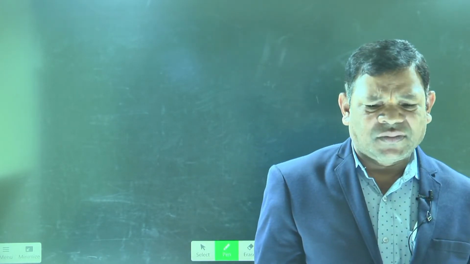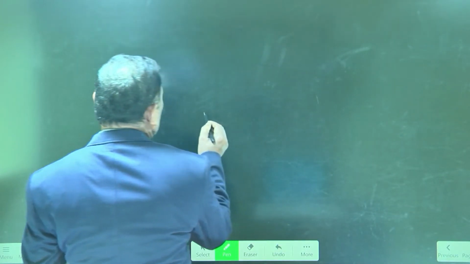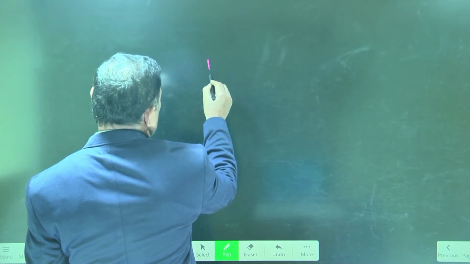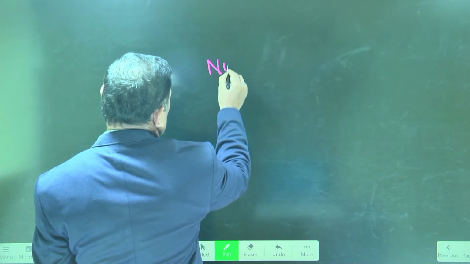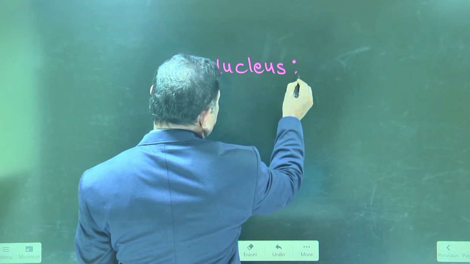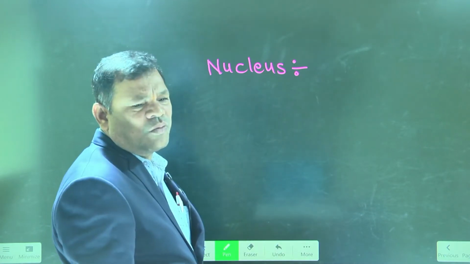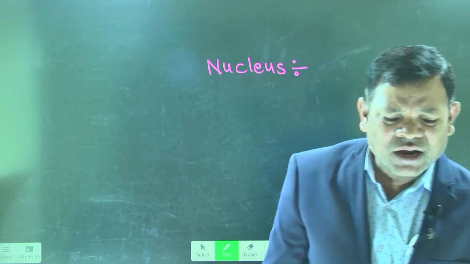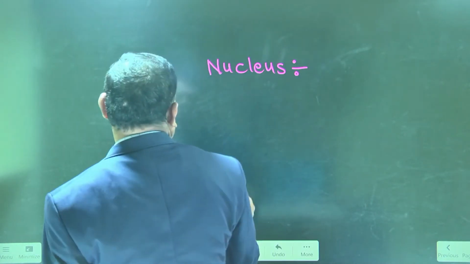Next. In every cell, the most prominent structure is the nucleus. This nucleus was discovered by whom? The nucleus was discovered by Robert Brown.